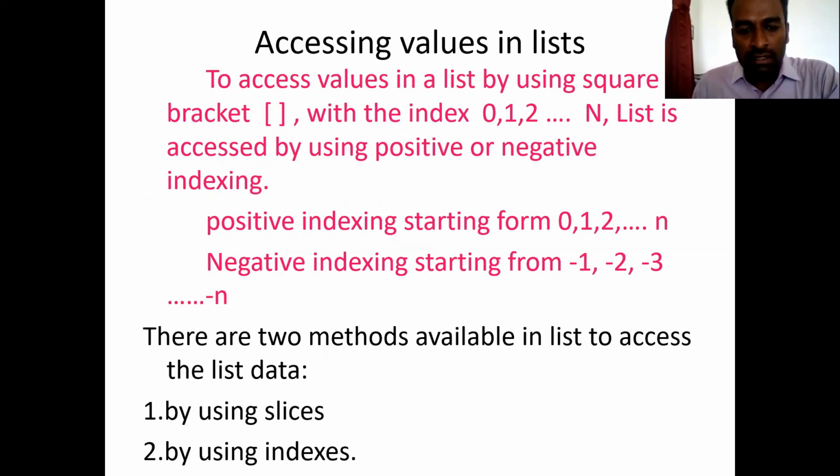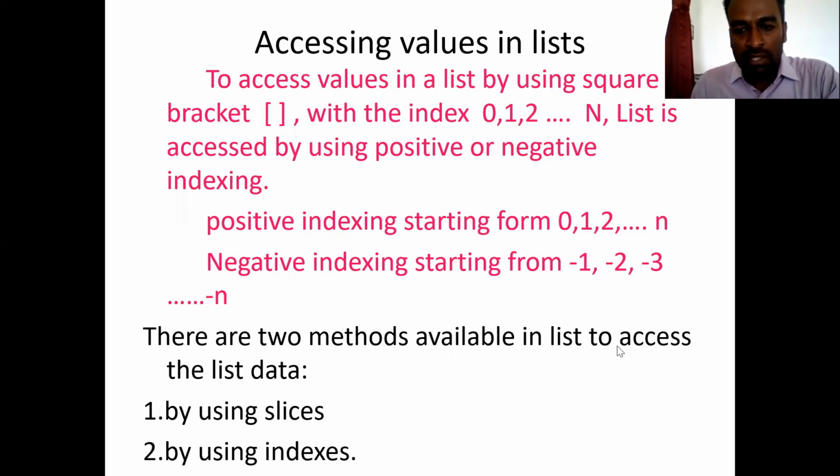The positive index starts from 0 to n, and the negative index starts from -1 down to -n. With the positive index, it starts with 0, indexing from left to right. The negative index is from right to left.